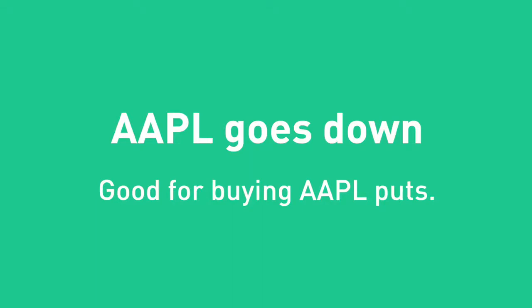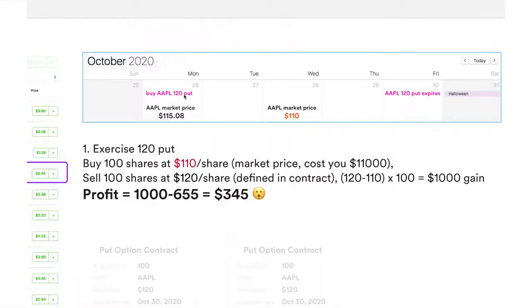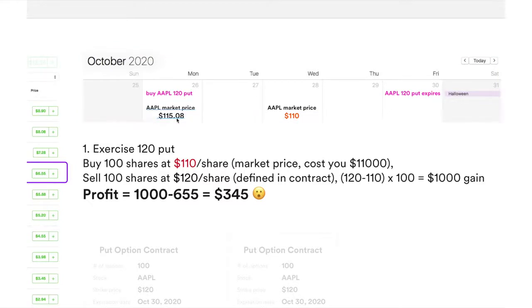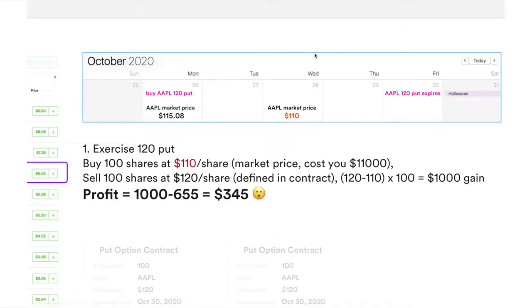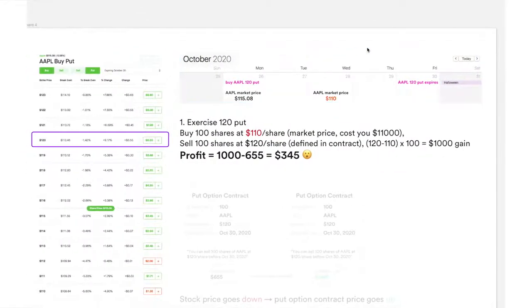So in this case, on Monday, you buy this Apple 120 put. And back then, the market price is 115.08. And this is the bull case for your put position. Because on Wednesday, just like how you imagined, Apple price drops. It drops to 110, which is great for you, right? Because in this case, you can exercise your 120 put.